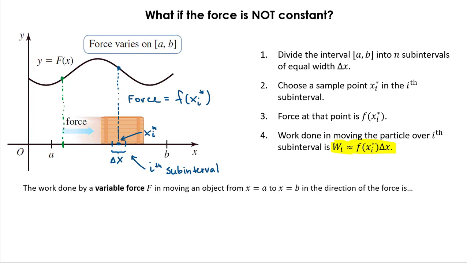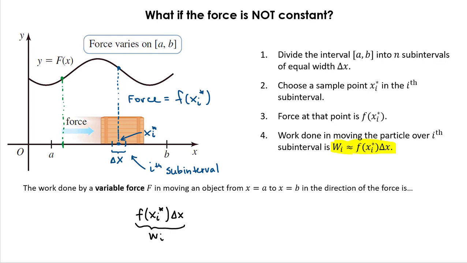So let me write this all down. What I just said is that if I take f of x sub i star and multiply it by delta x, that's going to be an approximation of the work done by moving the particle over the ith interval, right? Just that one interval.